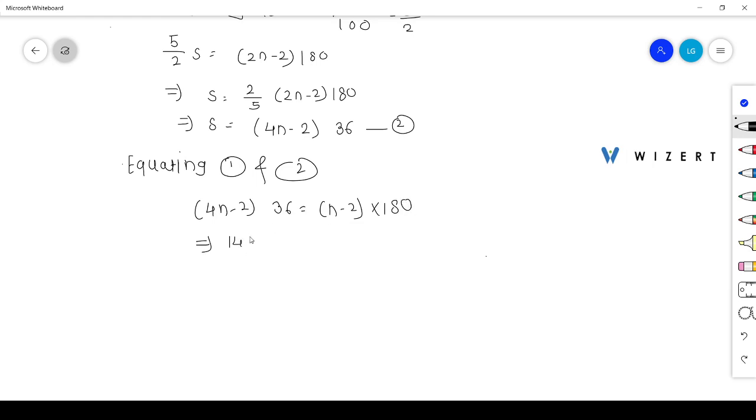So here 144n minus 72 equals 180n minus 2 into 180, which is 360.